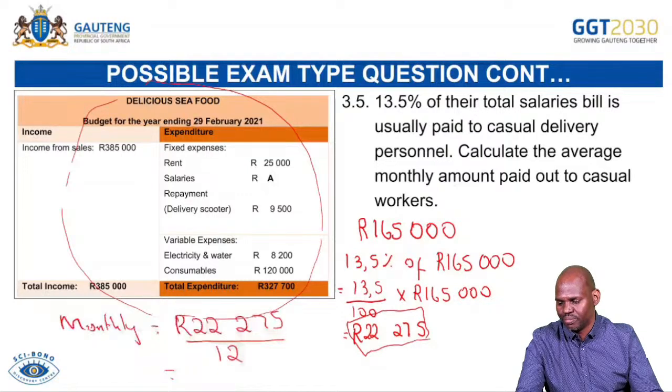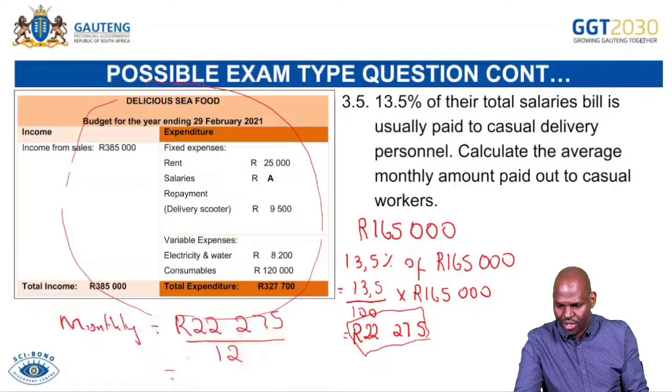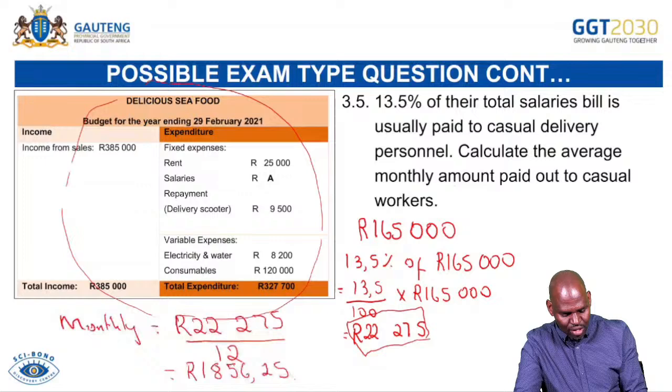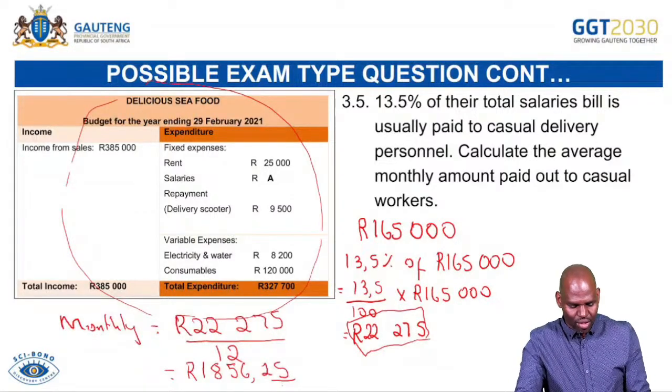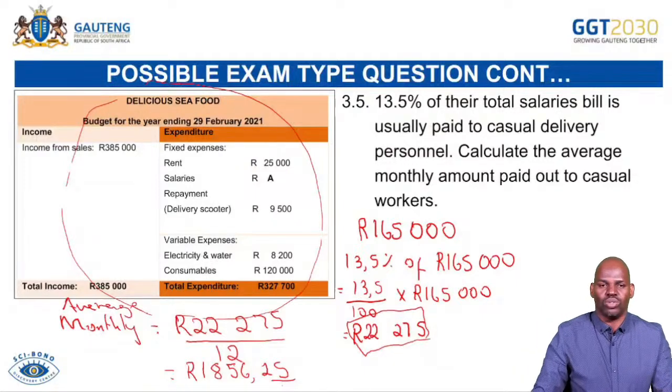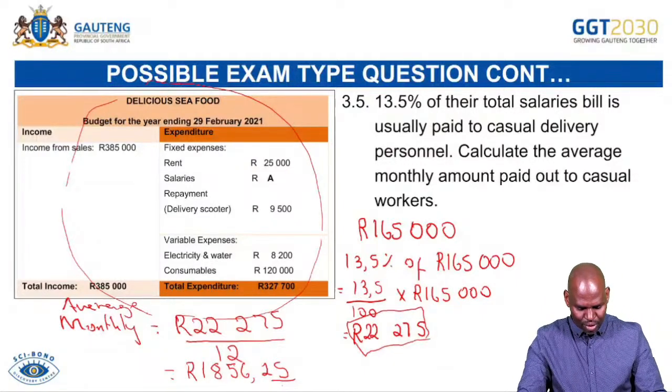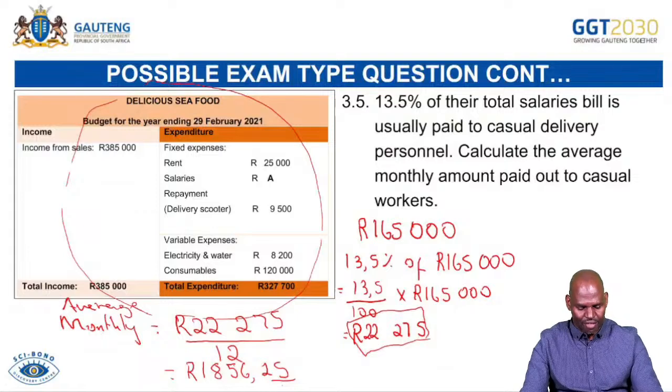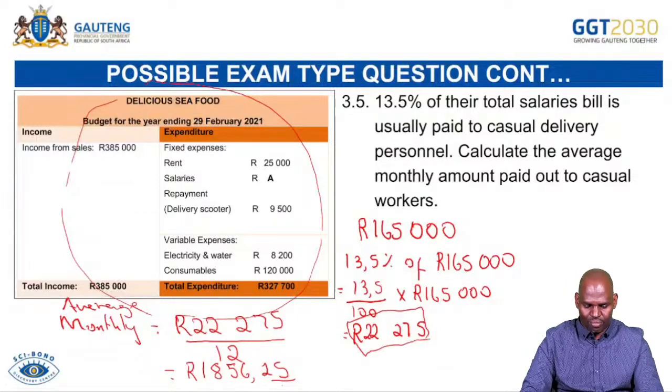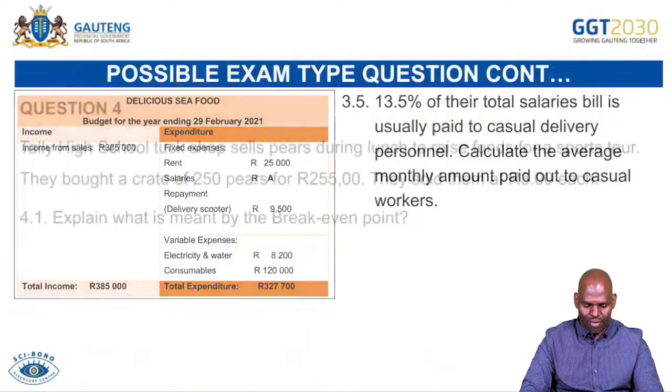This will give me 1,856 rand and 25 cents. So the average monthly amount is 1,856 rand and 25 cents. So that is how we do number 3.5.